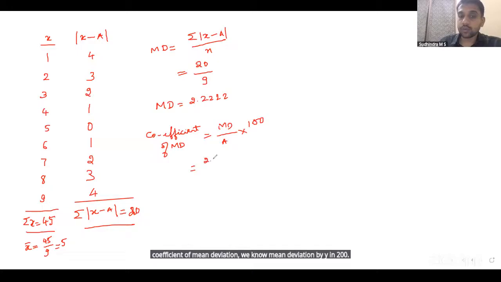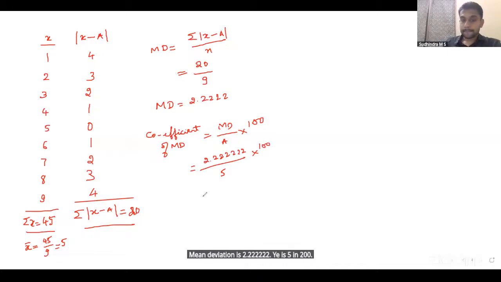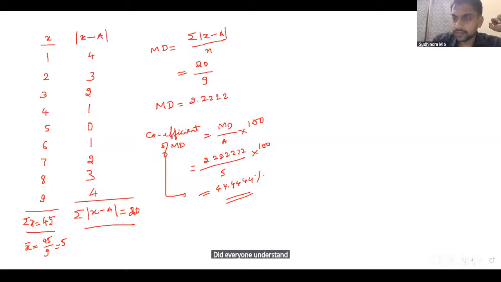Mean deviation is 2.2222, a is 5, into 100. 44.4, very good, Shreya. 44.4444%. This is the coefficient of mean deviation. Did everyone understand? Yes, sir.